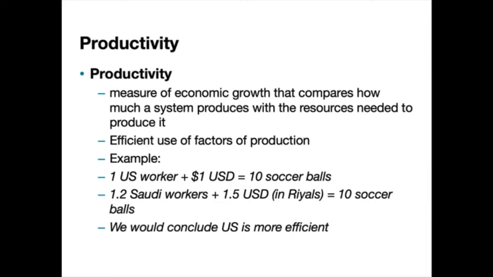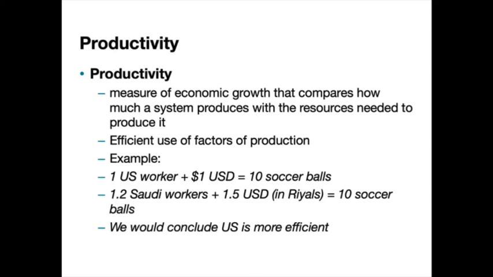Versus in Saudi Arabia, perhaps it takes the equivalent of 1.2 Saudi workers and $1.5 US, or the equivalent of that in reals, to produce the same 10 soccer balls in an 8-hour work period.